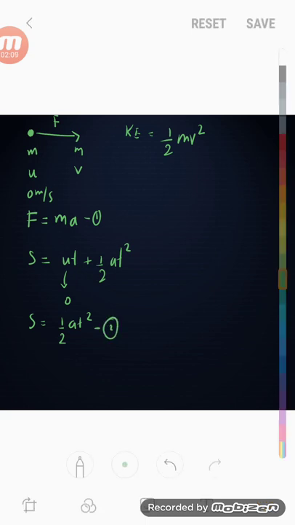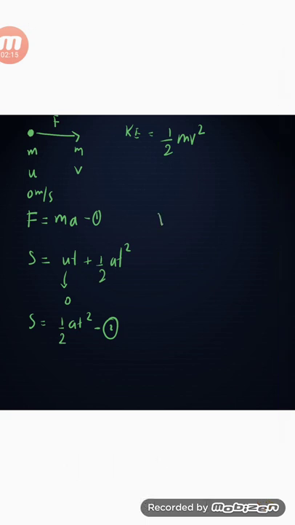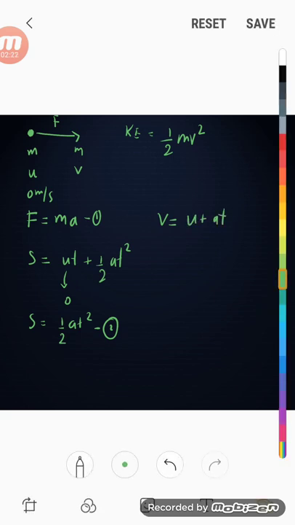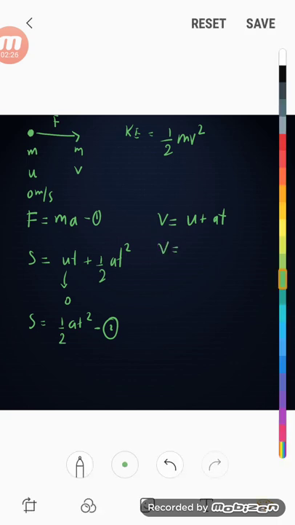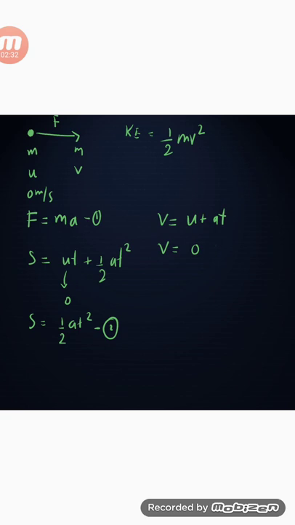So s equals half at square, right? Let this be equation 2. Then we have to find v. Also we'll find v equals u plus at. This is Newton's first kinematical equation. So v equals, in place of u it will be 0, so 0 plus at.